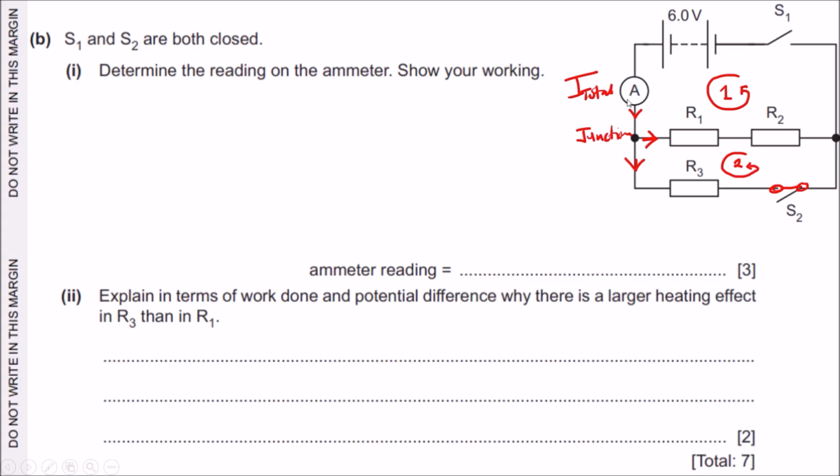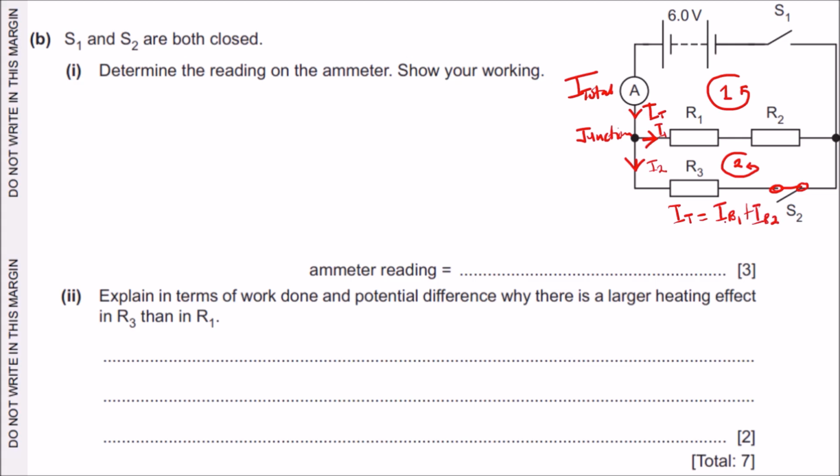There are 2 important things we need to recall. Number 1, parallel circuits are current dividers. In other words, the total current passing through the ammeter will divide into branch 1, so we have current 1, and branch 2, so we have current 2. So we can safely say total current is equal to current through branch 1 plus current through branch 2.